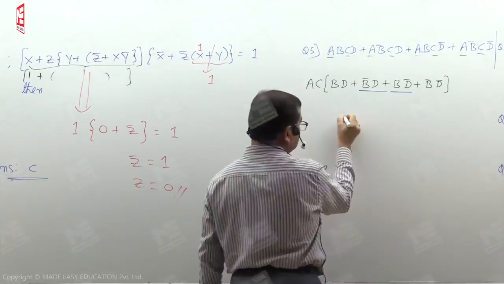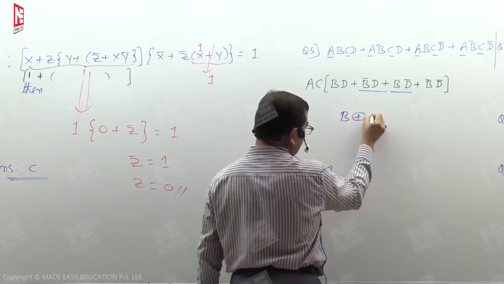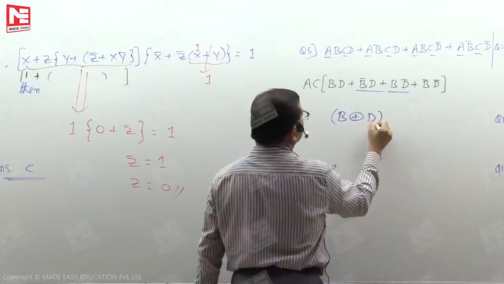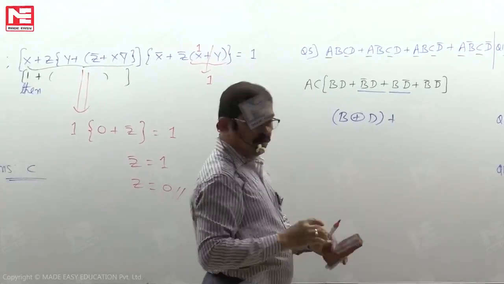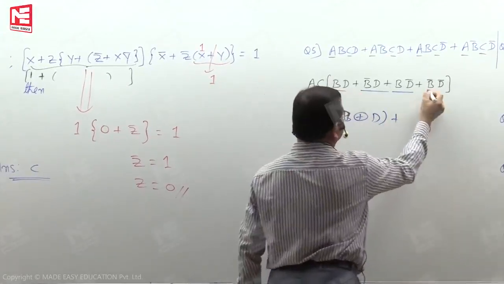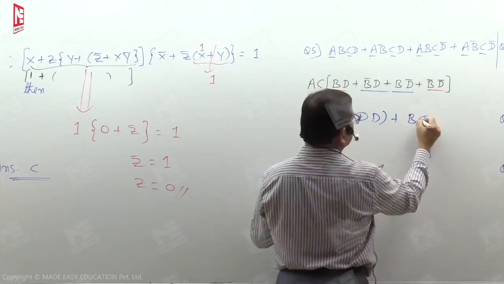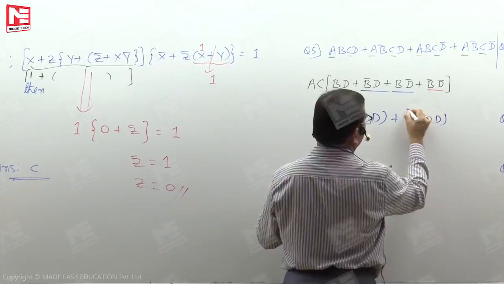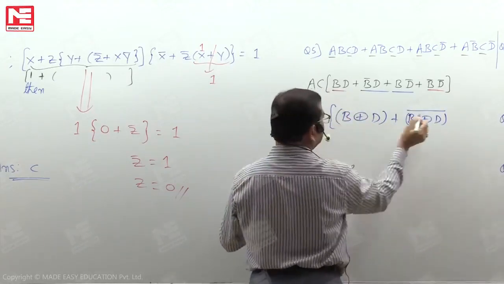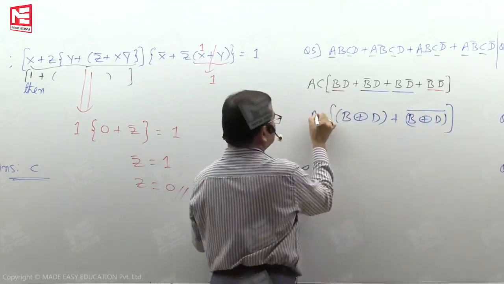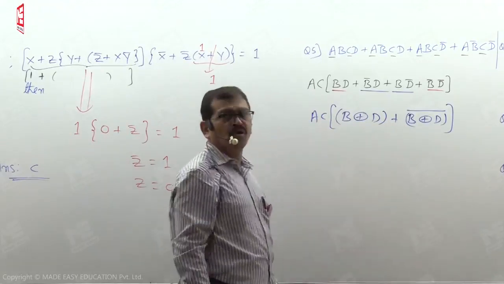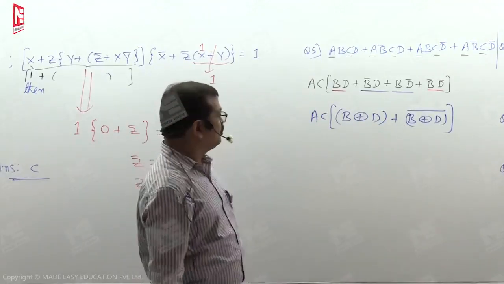Grouping the middle two terms, we have B exclusive OR D. Grouping the first and last terms, we have B exclusive OR D whole complement, which is nothing but exclusive NOR.